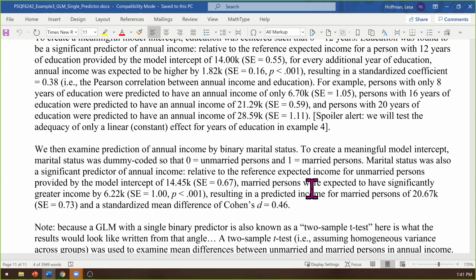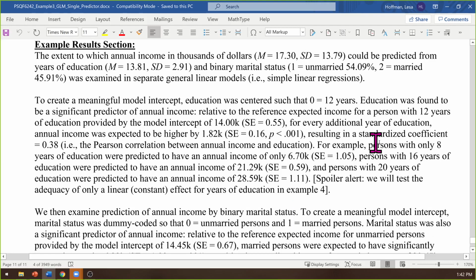If you have a binary predictor, then a D effect size for how different the two groups are tends to be more useful than an R, but they're all telling you the same thing, just using different metrics. D is not bounded. So a D of 0 corresponds to no difference, but it can go into positive versus negative infinity. It's not constrained to negative 1 and 1 like R is. So different scale.